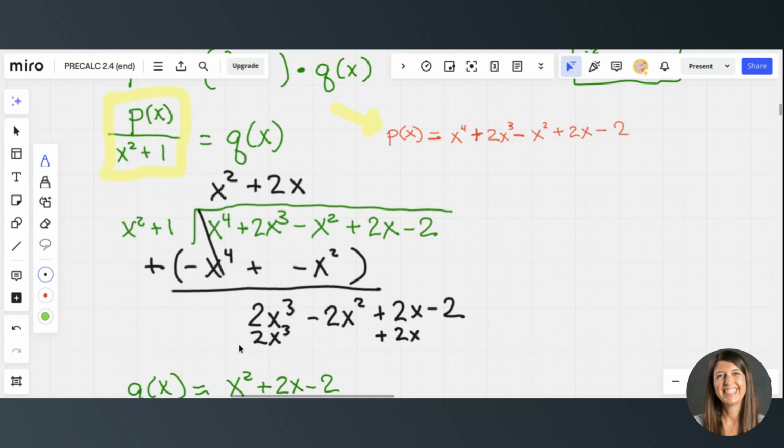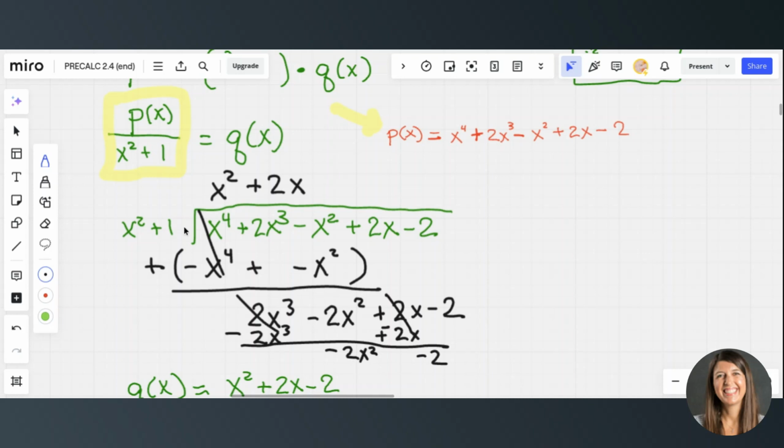Okay, so I'm going to subtract that. Distribute my subtraction sign, it's really important. And I get negative 2x cubed. This crosses out, right? Because it's 2x minus 2x, so that's going to cross out. And I'm going to bring down my minus 2.